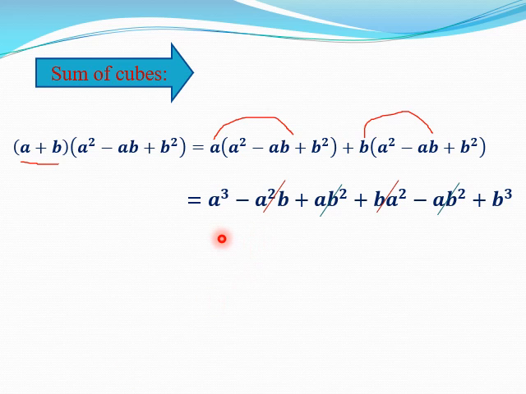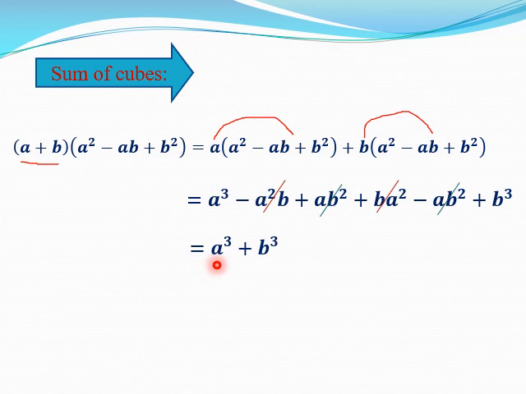After multiplication, we get a cube minus a square b plus ab square plus ba square minus ab square plus b cube. And you can observe very easily a square b is the additive inverse of b a square, so we cancel them. And ab square is the additive inverse of ab square, so we cancel them.